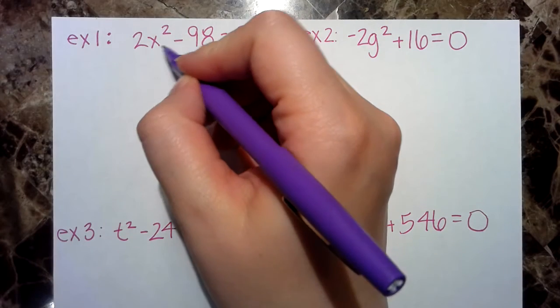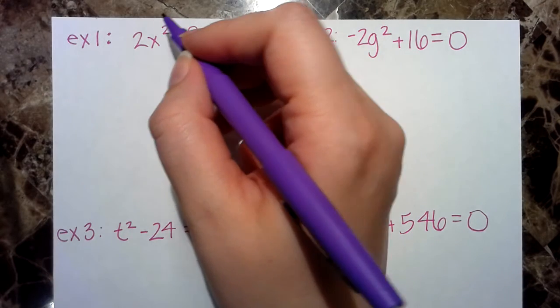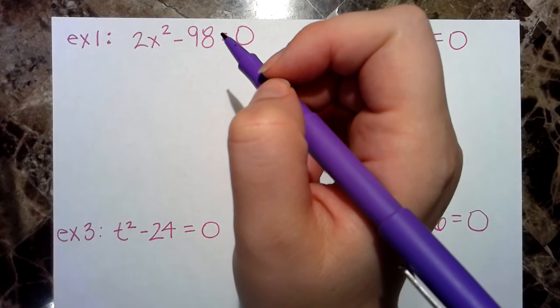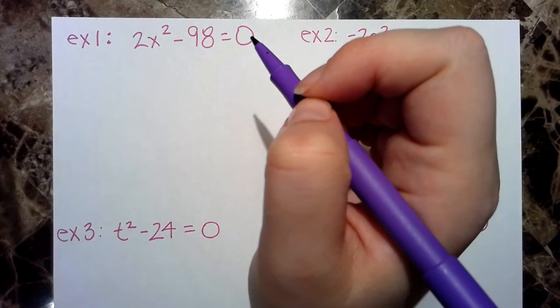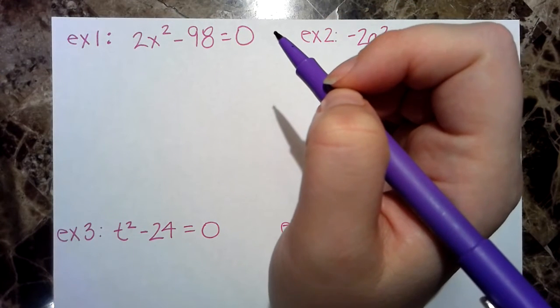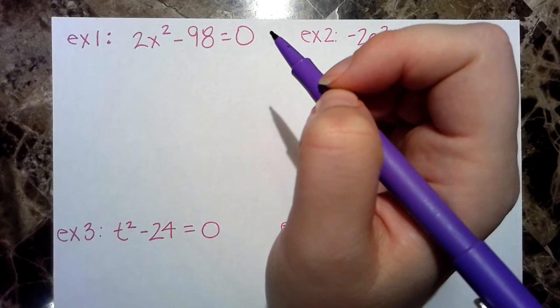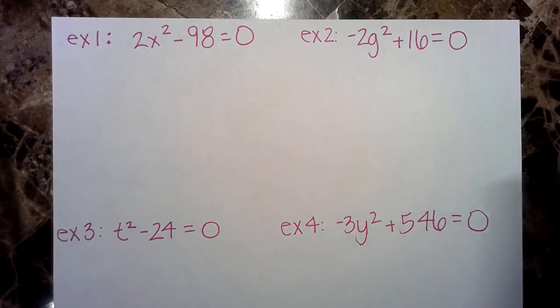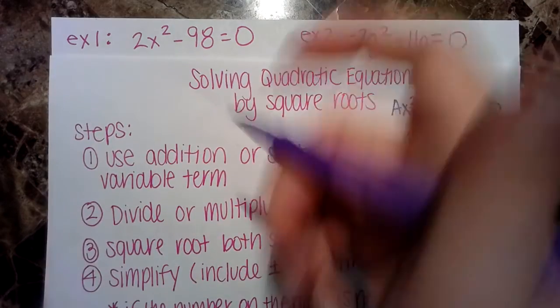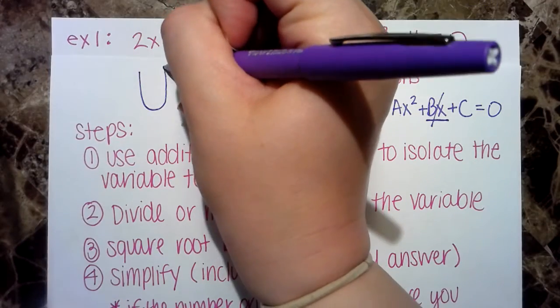What we're trying to do is get x squared by itself because we're trying to find out what x equals. So anytime you're solving a quadratic equation, you're trying to figure out what x equals. That is because when you graph, you're going to have what's called a parabola.